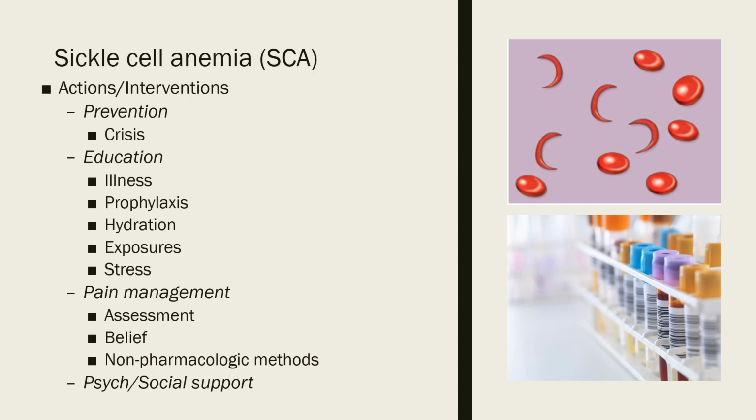A lot of them are being raised by grandparents because mom and or dad are either addicted to something or they're passed away. And the family members that are losing legs and have gone blind and all of it due to sickle cell. That's a lot of emotional stress for a child or a teenager. So we need to give a lot of psychosocial support.